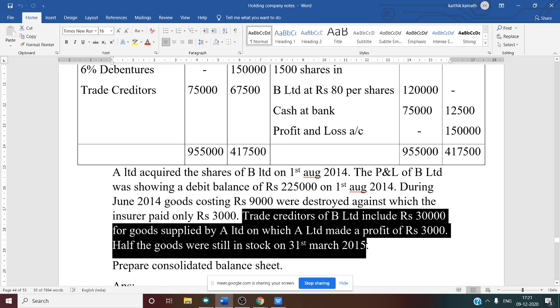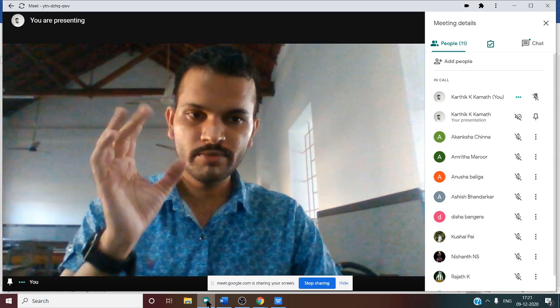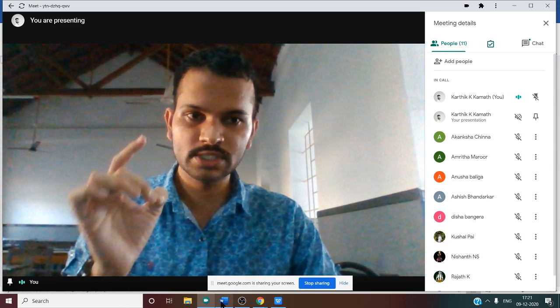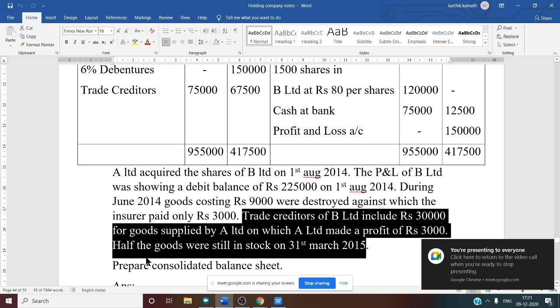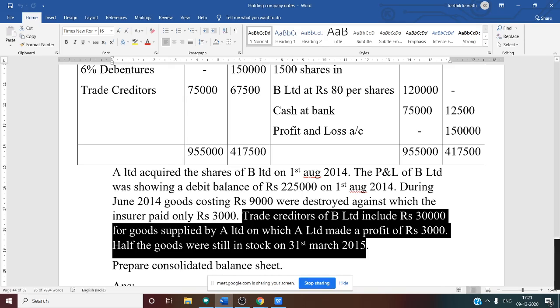For 30,000, 3,000 is the profit, which means now we want the unsold goods. In this problem, how much is the unsold goods? They have given that half of the goods were still in stock at the end of the financial year, that is 31st March 2015.